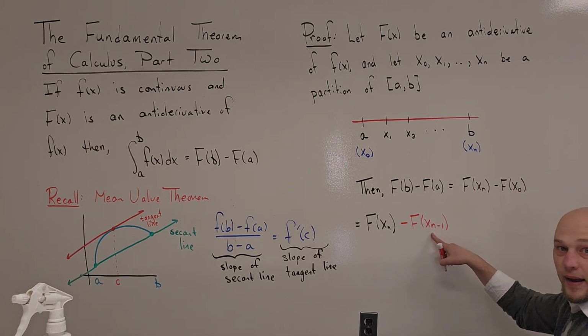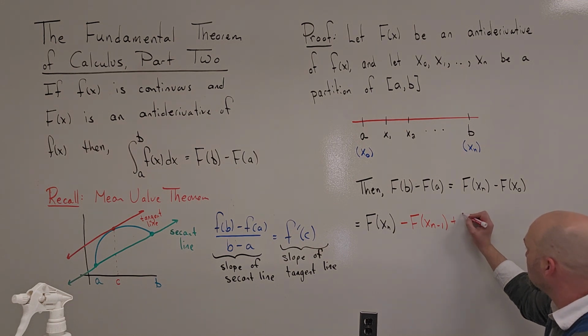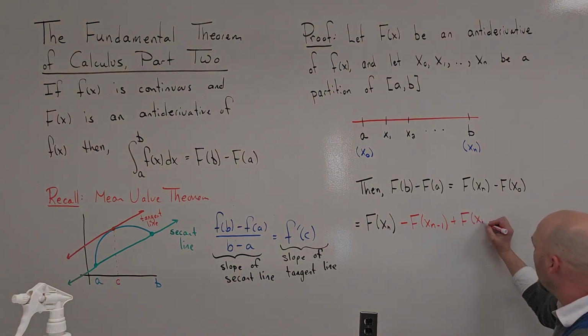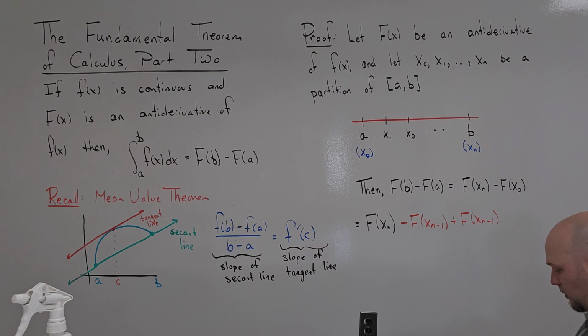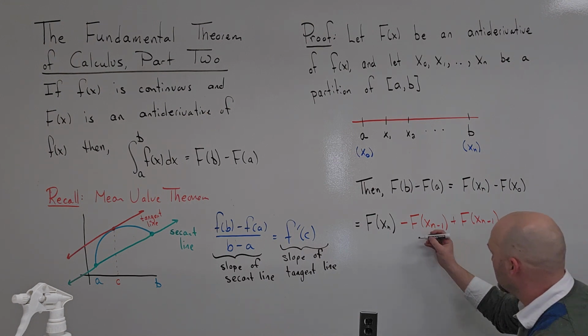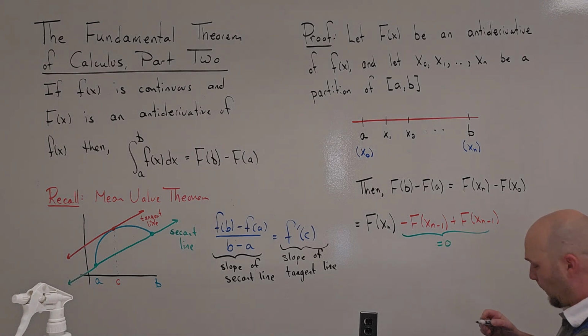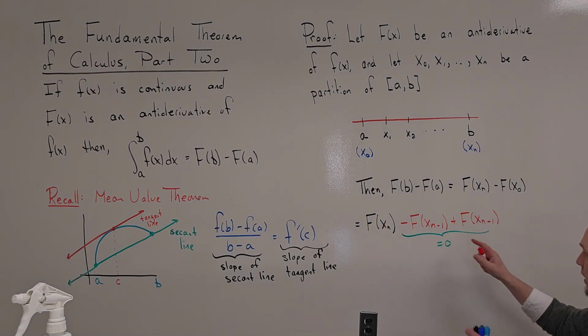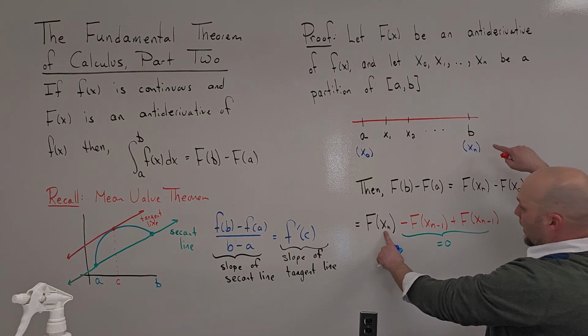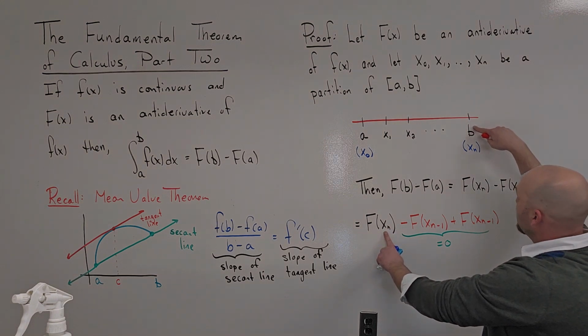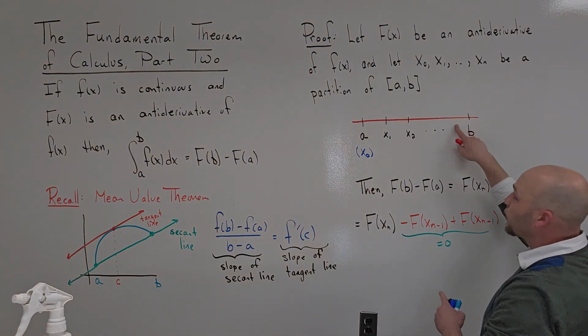But if I'm going to subtract, I also have to add, so this would be plus f of xn minus 1. Of course, this is equal to 0. This xn would be the x value in the partition, the very last one. This xn minus 1 would be the previous one.